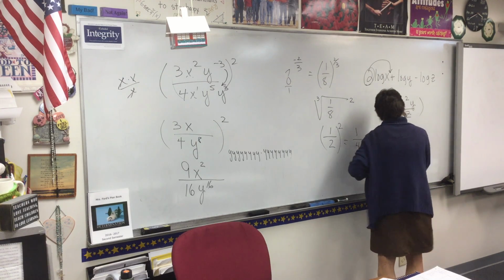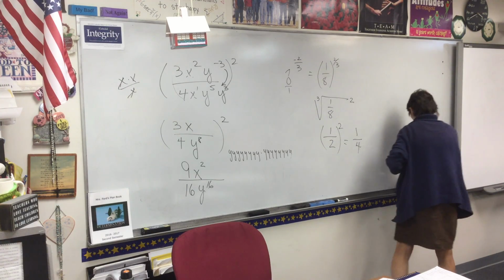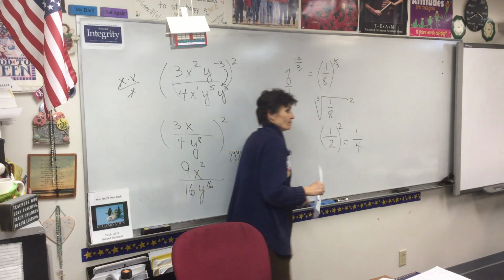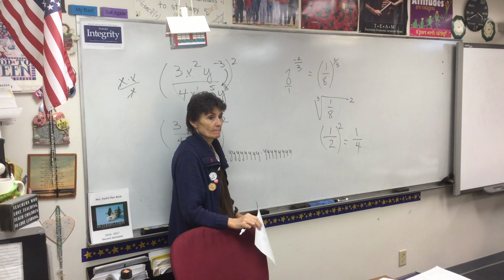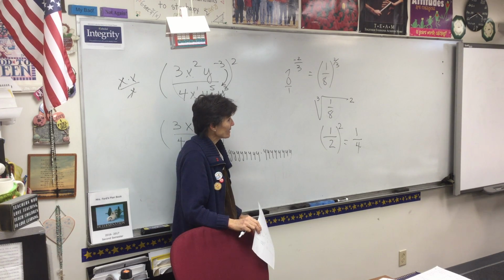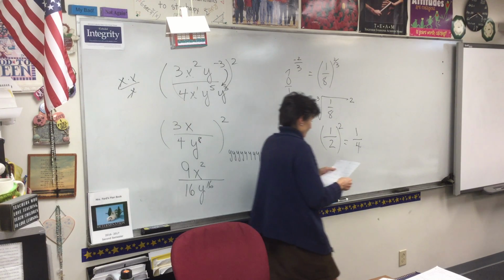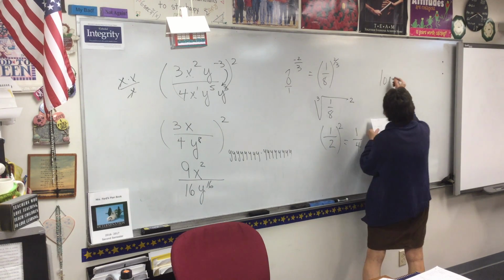Now, did any step there go too fast for anybody? Anything confusing? Okay, so if we have a negative exponent, we take care of that first. Flip it first, and then do whatever else needs to be done. All right, 7, easy problem.